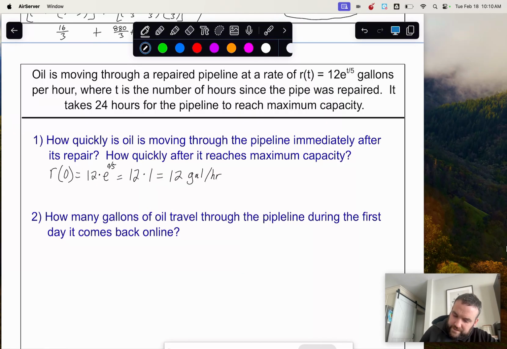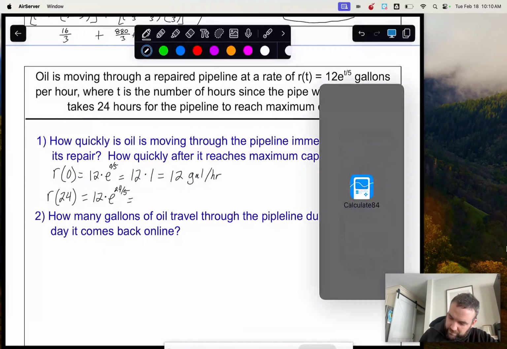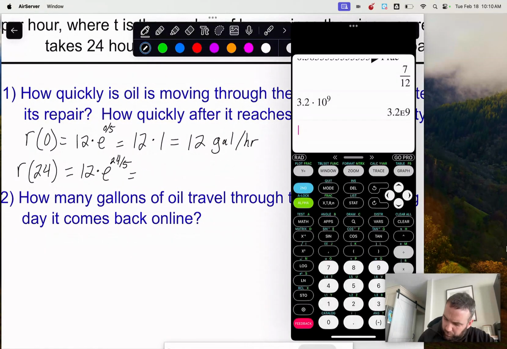And then it says it takes 24 hours for the pipeline to reach maximum capacity. How quickly is oil moving after it reaches maximum capacity? So it's basically asking what is R at 24. So 12 times e to the 24 over 5. Well, there's no other real good way for that. I'm just going to have to go calculator on this one. I can get an approximation at least.